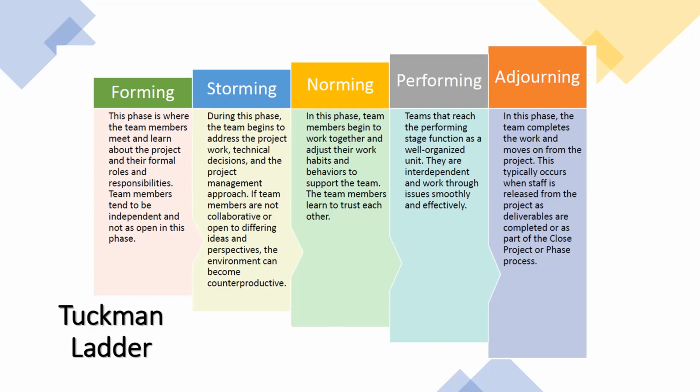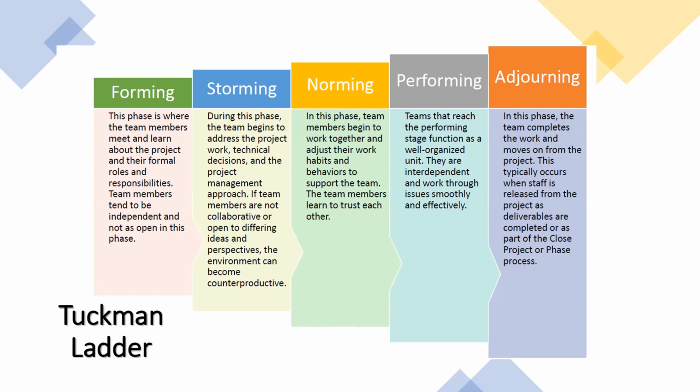The forming stage is the phase where team members meet and learn about the project and their formal roles and responsibilities. Team members tend to be independent and not as open in this phase. Remember, when you were at school, you would understand that also. You're not very open. During this stage, the team members begin to address the project work, technical decisions, and the project management approach.